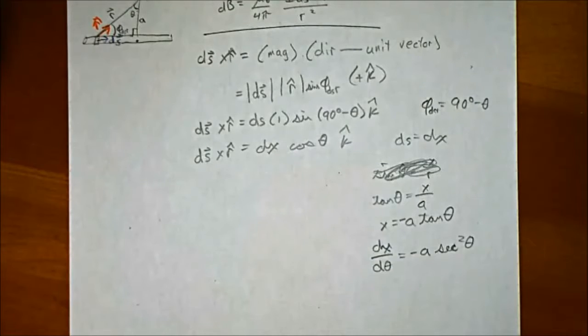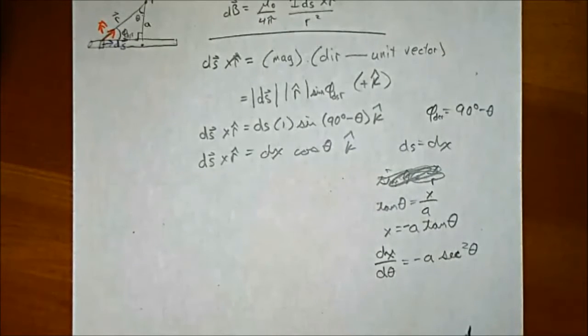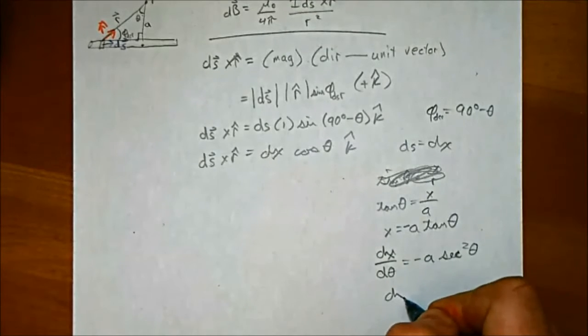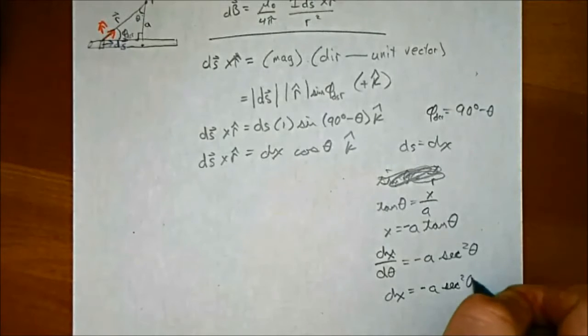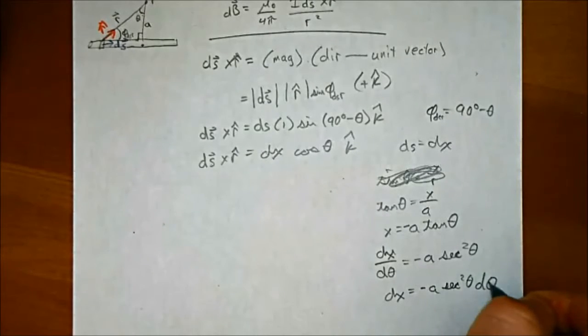If you want to know why, ask a mathematician. I believe this is something we learned in calculus class. So, yeah, you can look it up in the table for this class though. So then dx is equal to negative a secant squared theta d theta.